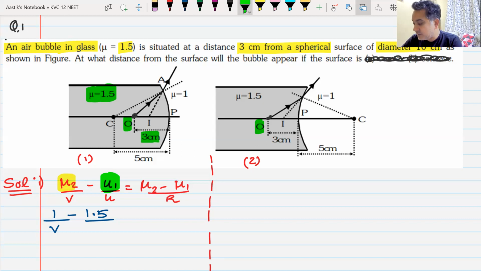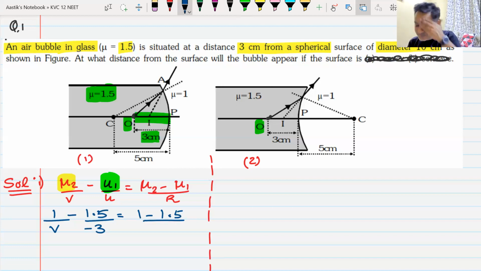It is 3. Do we understand this? Plus 3 or minus 3? Minus 3. That will be equal to 1 minus 1.5 divided by r.